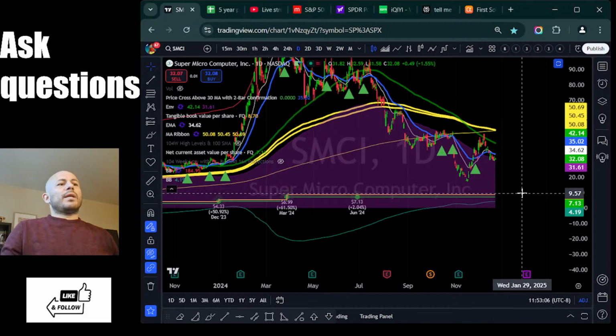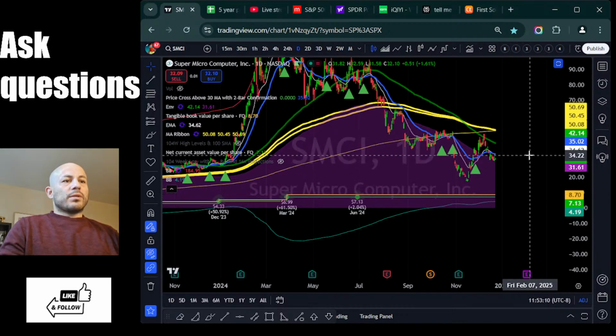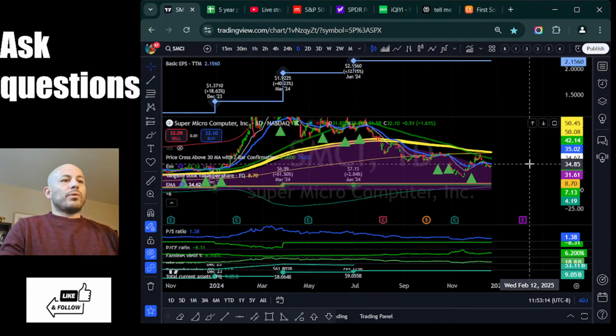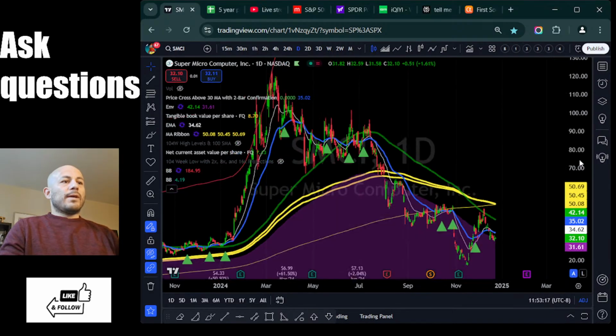Tangible book value, as in all the hard liquid assets on the books, 870. It went to $20, so it was getting real close to tangible book value. I think it goes back up to 100. That's why I'm in it. If I can get a triple out of it, I'm happy.